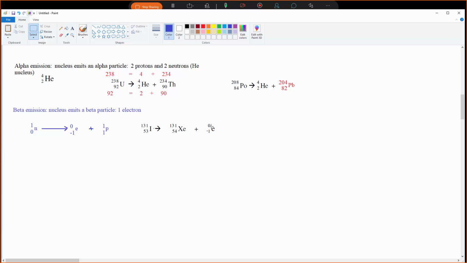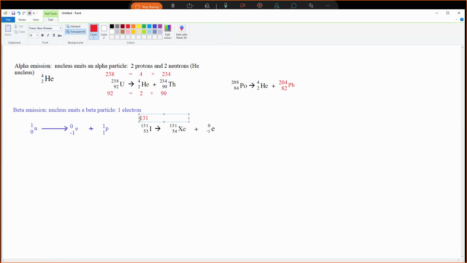Just going to spread this out so you can see what's going on here. And just like we predicted, you've got a mass of 131 on the left. In fact, I'll write this down. That's equal to the total mass of 131 from the xenon plus 0 from the electron, right?